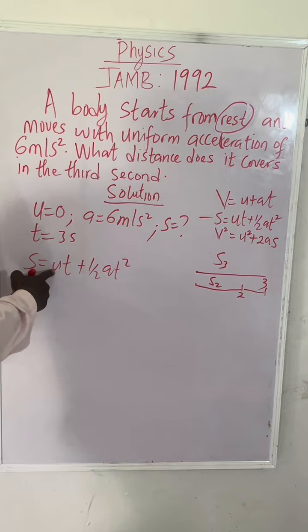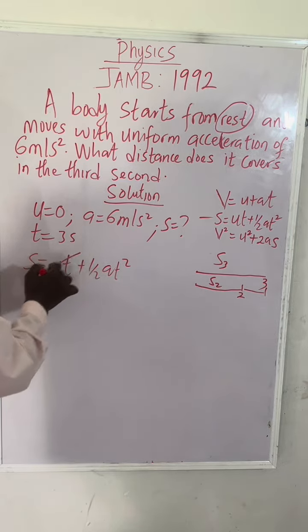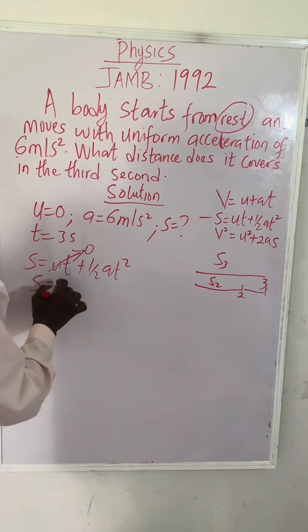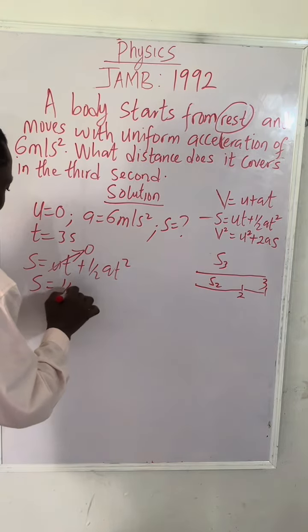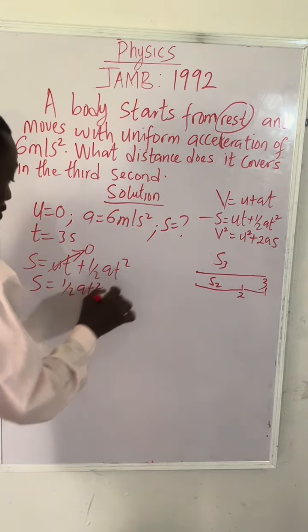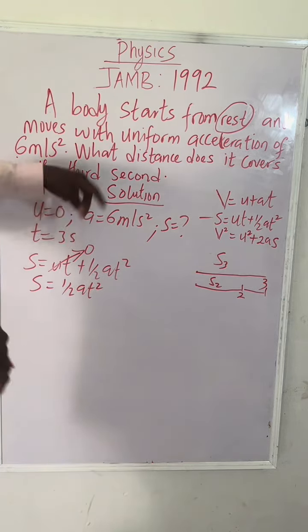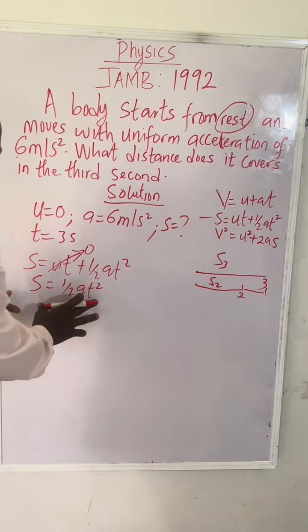So if I put 0 here, this will always be 0. So s = ½at², because u is always 0, so this part is not necessary. So now this is what we are going to use.